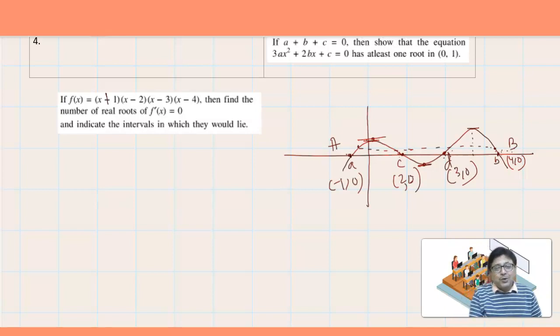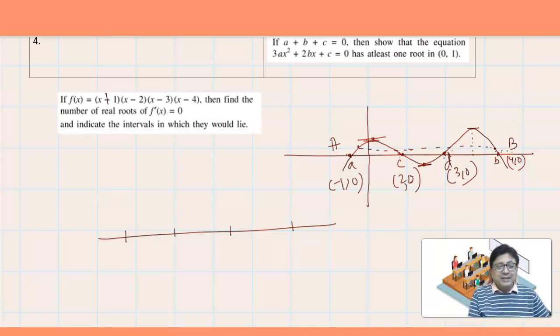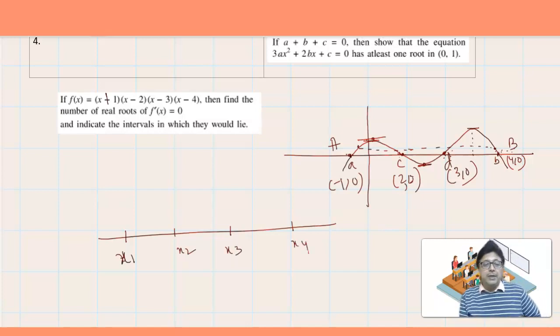So on the number line, if I tell you these are the roots of f(x), then where do the roots of f'(x) lie? These are x1, x2, x3, x4. Between two successive zeros, between these two there is a root, between these two there is a root, between these two there is another root.